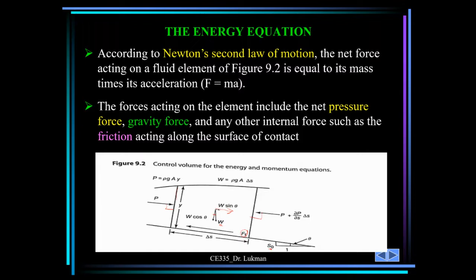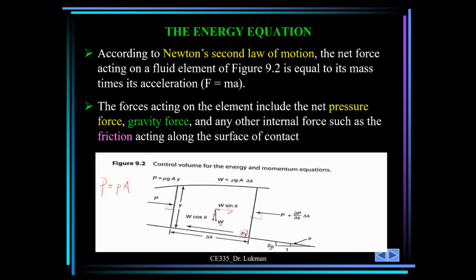Now the pressure force, which is P, will be given by the pressure times the area. Let me use small p to represent pressure, and A is the area. This is the definition of the pressure force, because pressure is the force acting per unit area.